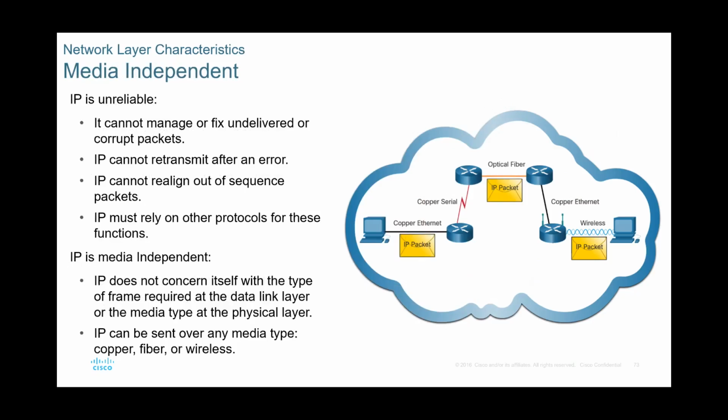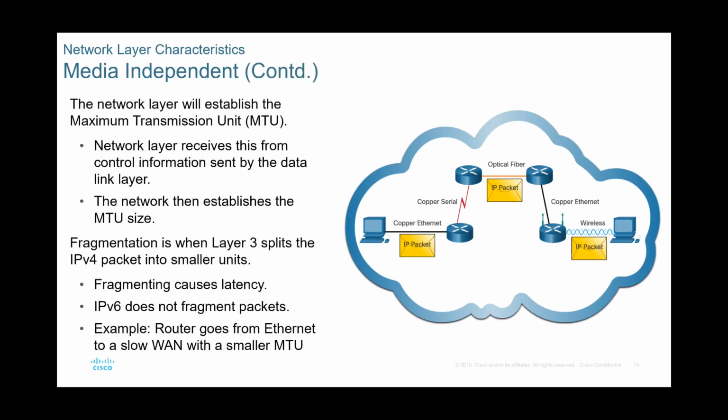As long as it's based on our Ethernet technology, it works. Regardless of the LAN technology, regardless of the wide area network technology, it works. So that is what they meant by media independent. It doesn't matter what the media is, IP works all over.